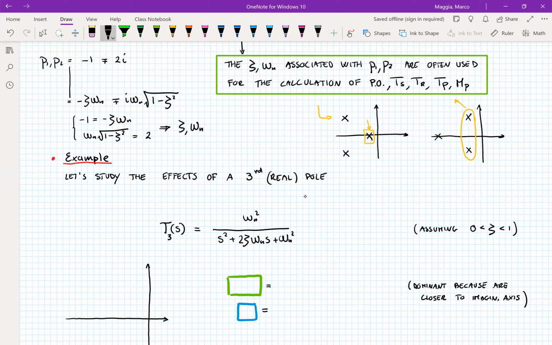So this would technically be a second order system. But if we added a third pole, well, this pole must be real because we already have 2 complex conjugate poles, while the third one has to be real. Again, because of the fundamental theorem of algebra. I have to repeat it ad nauseam.